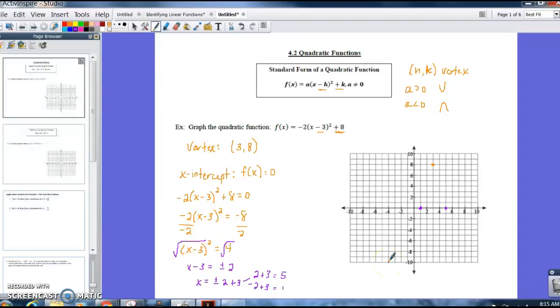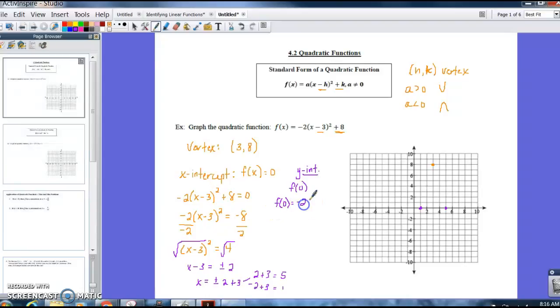I also want to find my y-intercept. I don't have a ton of room here, but to find your y-intercept, you are going to compute f(0). So basically you're plugging 0 in for x and figuring out what that y value is.